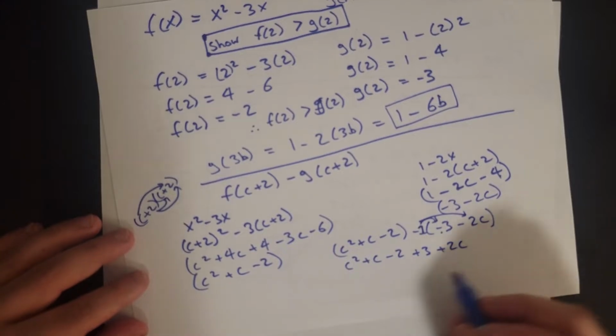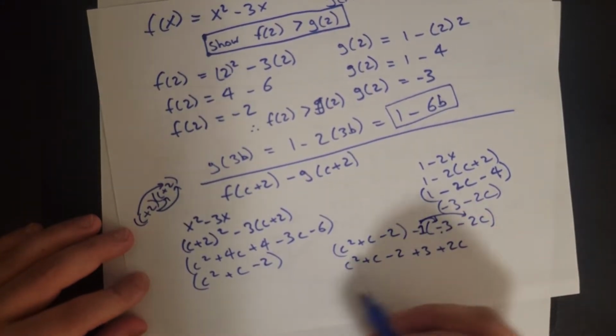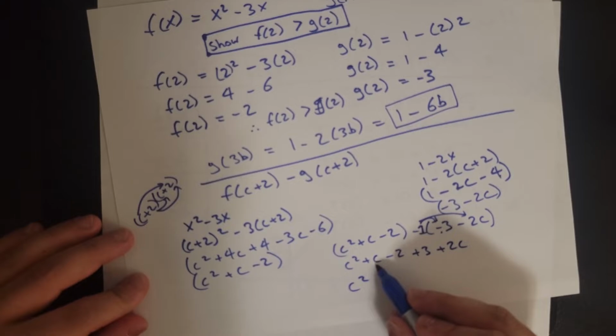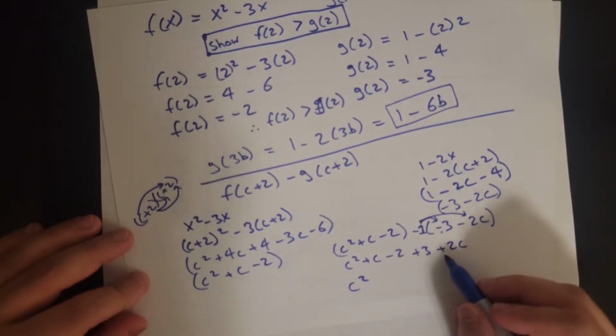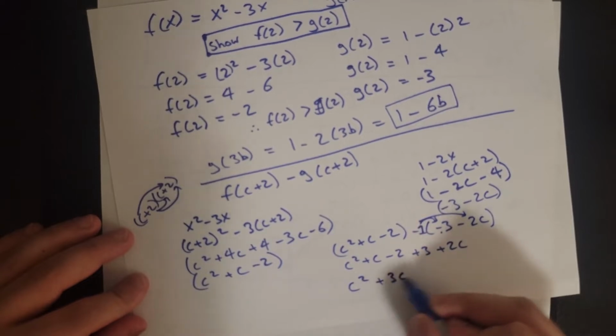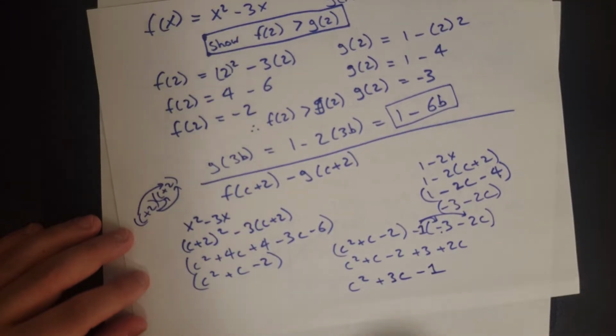Now I just need to collect the like terms, so I only have 1c squared, and then I have a plus c and another positive 2c, which will give me 3c plus 1.